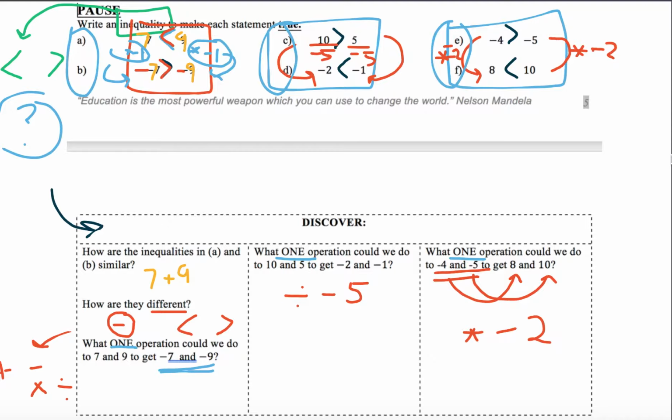Notice that is greater than became is less than, and is greater than became is less than here. In the first example, is less than became is greater than. So in each example, these inequalities, we say, flipped.